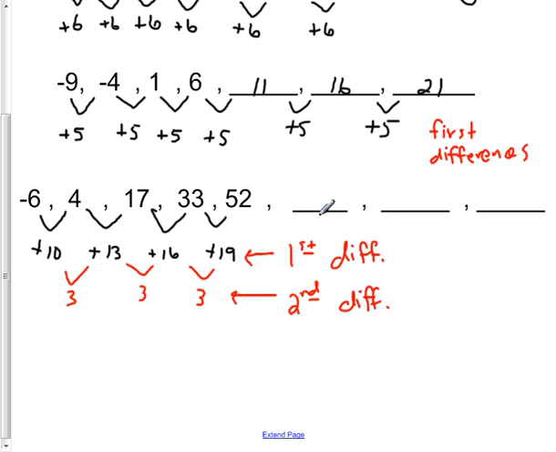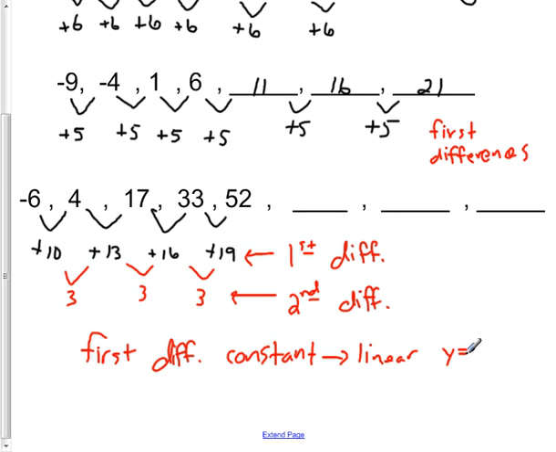So what we're looking for is, if the first differences are constant, then that means it's linear. What I mean by linear is it's going to be in the form y equals mx plus b. It's just going to be a line.